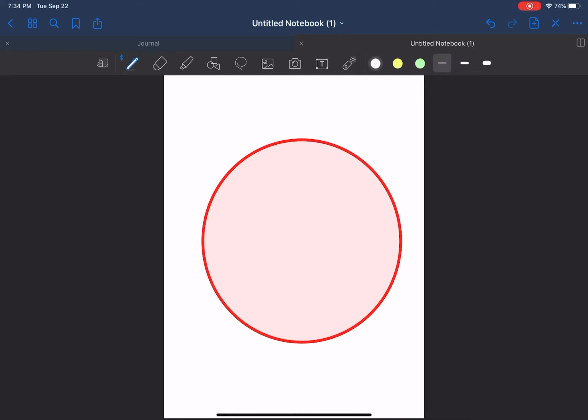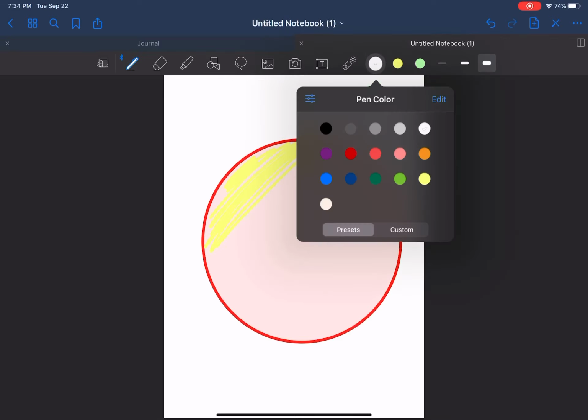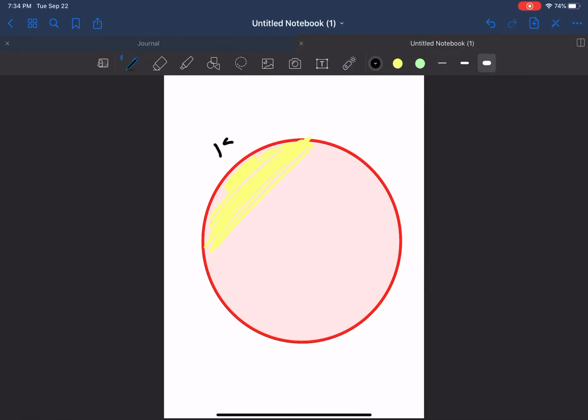Let's use yellow for the swab. So we should have taken our swab and inoculated the first quadrant. This is the first quadrant.